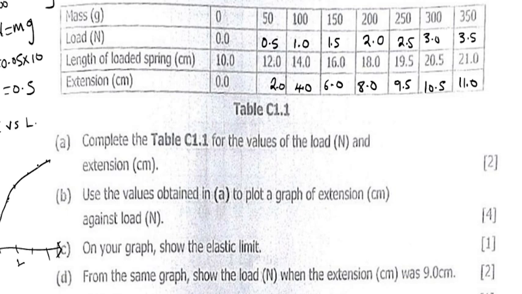Similarly, after you are done plotting, meaning you've plotted a graph of extension against load, then on your graph show the elastic limit. So how do you show the elastic limit? You look at the point where it was moving straight, then it turns.